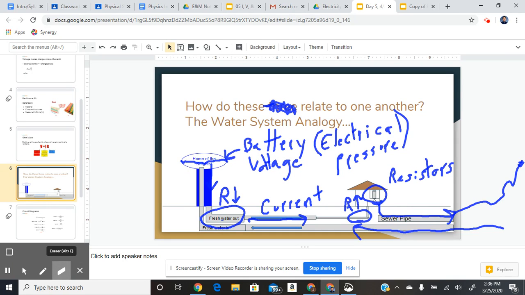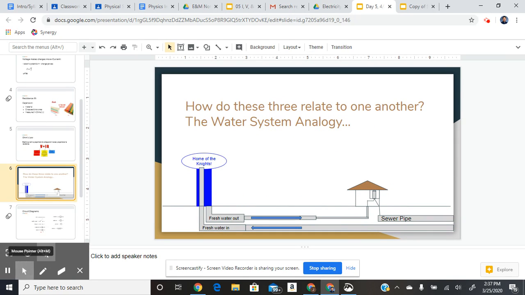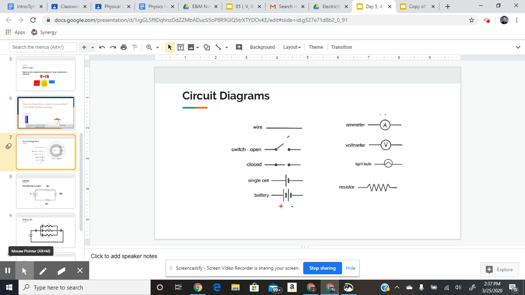All right, so moving on to some circuit diagrams, which is what we're going to focus more on tomorrow. I just want to introduce the very basics of circuit diagrams before we really dive into it tomorrow.